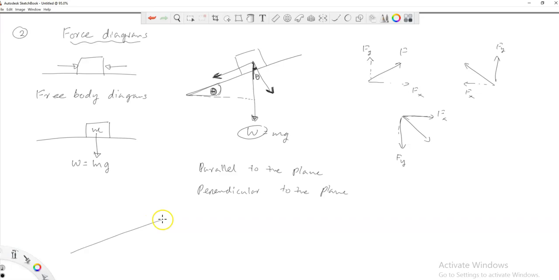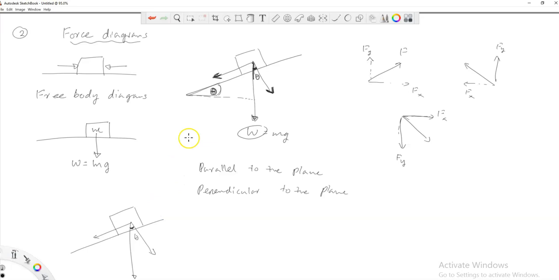So here's the incline, here's the box, this is the vertical line, parallel, perpendicular, theta is right here, that is theta.